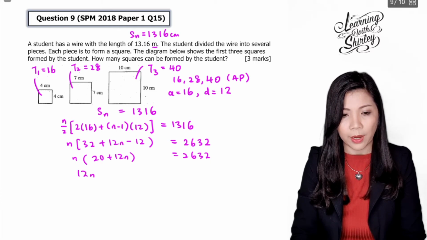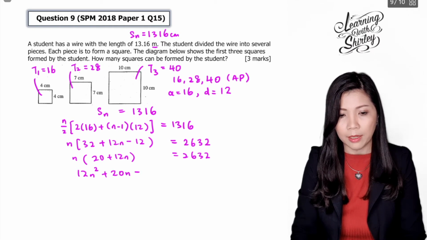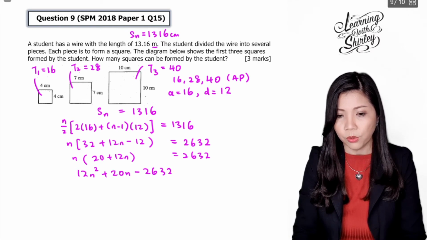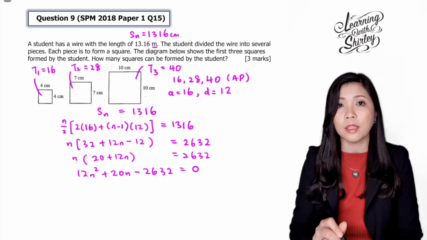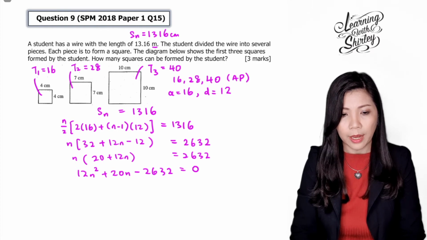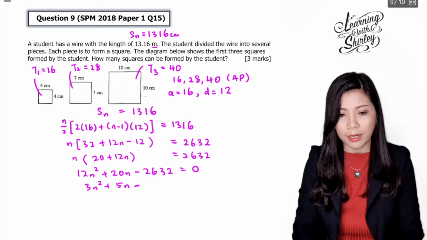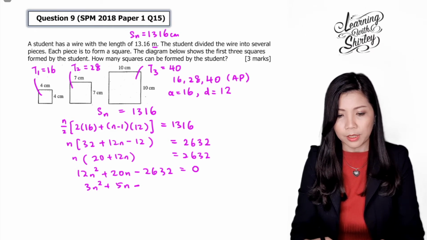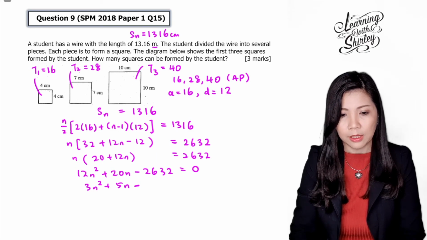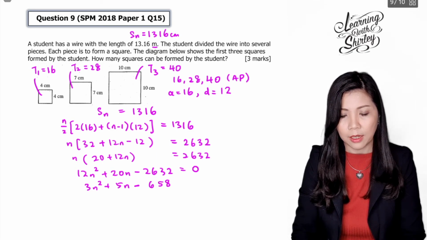So 12n squared plus 20n minus 2632 equals 0. Now we simplify this by dividing all the terms by 4. We'll get 3n squared plus 5n minus 658 equals 0.